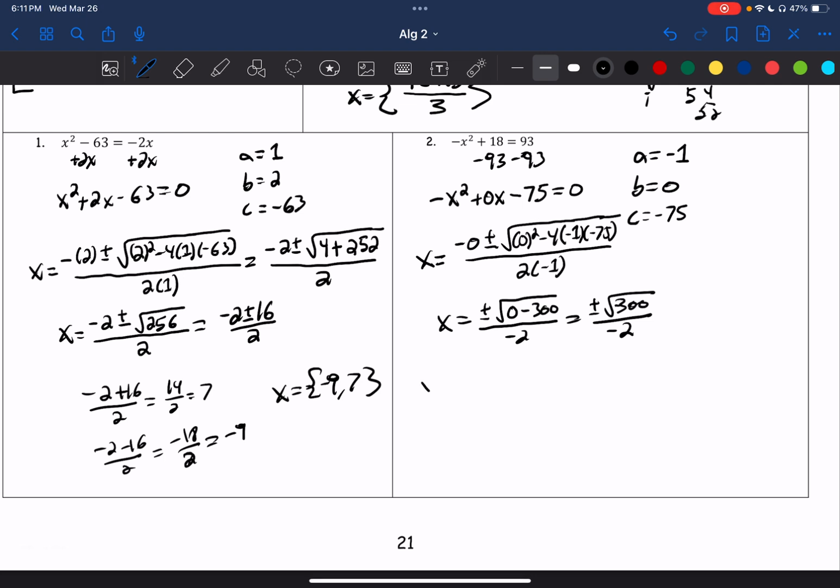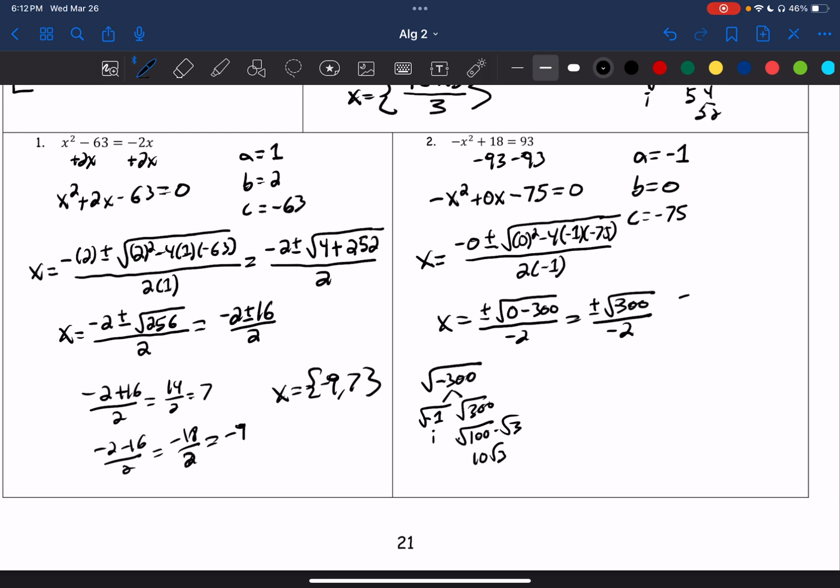And so we want to simplify this all the way, including the radical negative 300. We're going to start by pulling out the negative 1, and then we're going to have root 300. The root of negative 1 is going to become i. I'm going to recognize that as root 100 times root 3, or 10 root 3.